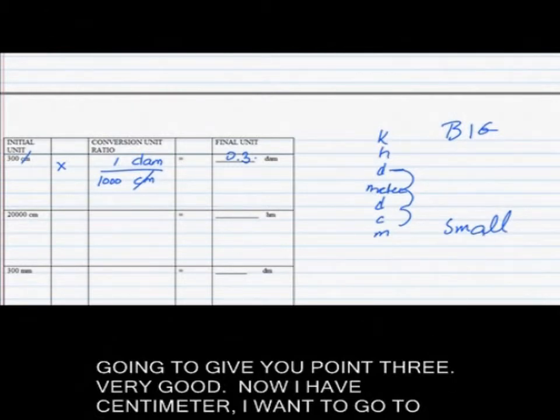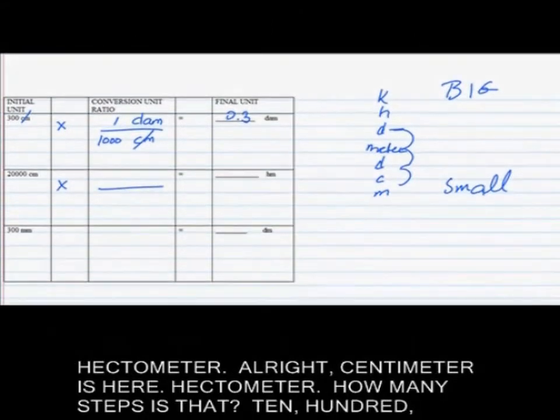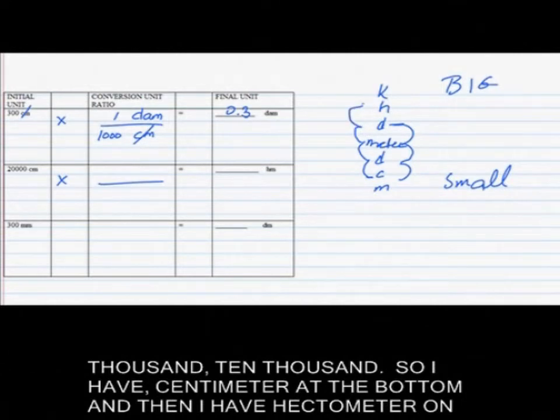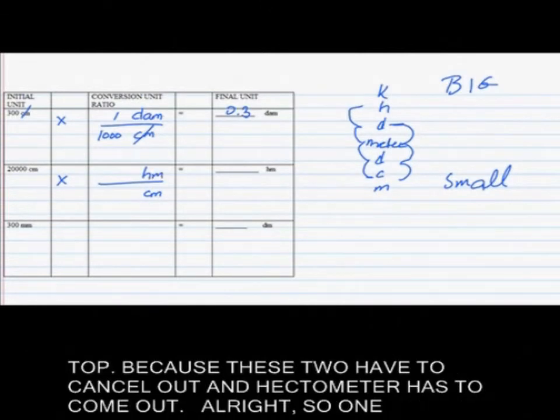Very good. Now I have centimeters, and I want to go to hectometers. All right, centimeter is here, hectometer is here. How many steps is that? 10, 100, 1,000, 10,000. So I have centimeter at the bottom, and then hectometer on top, because these two have to cancel out and hectometer has to come out.